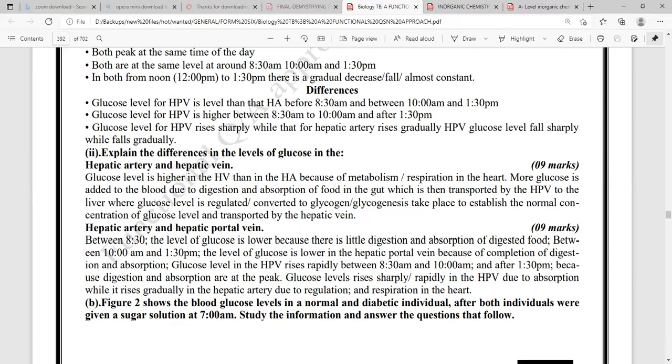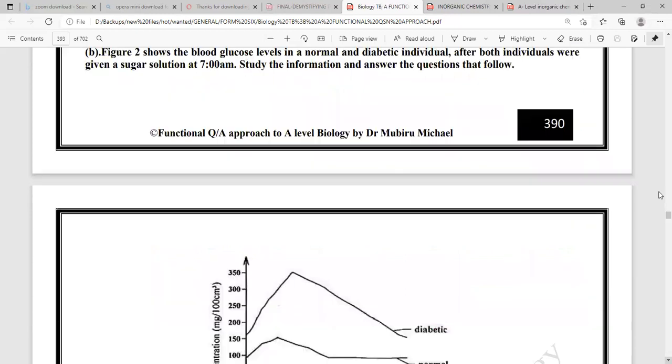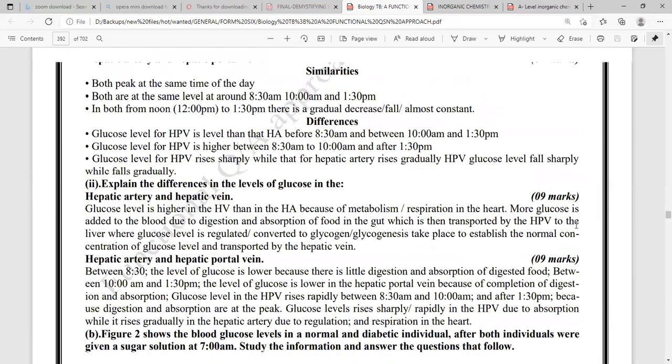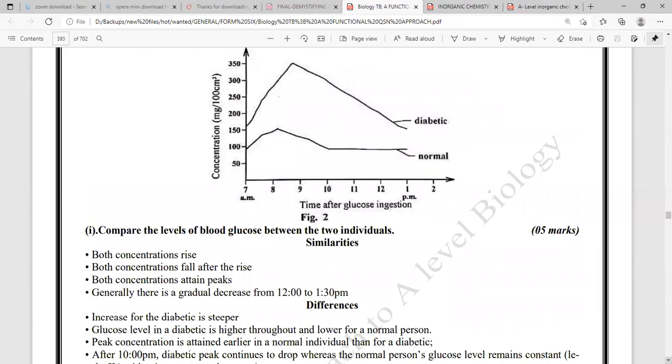Then you have figure 2, which shows the blood glucose levels in a normal and a diabetic individual after both individuals were given a sugar solution at 7 a.m. Study the information and answer the questions that follow. You look at the concentration of glucose on the vertical scale, and then you have time after glucose ingestion.